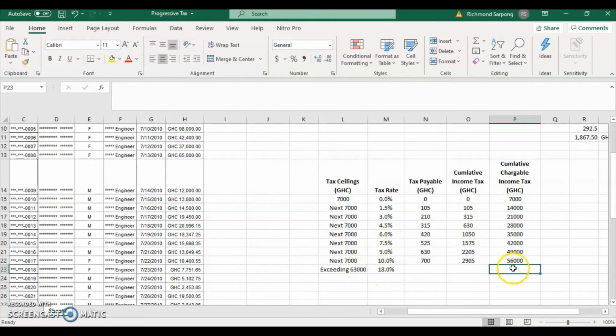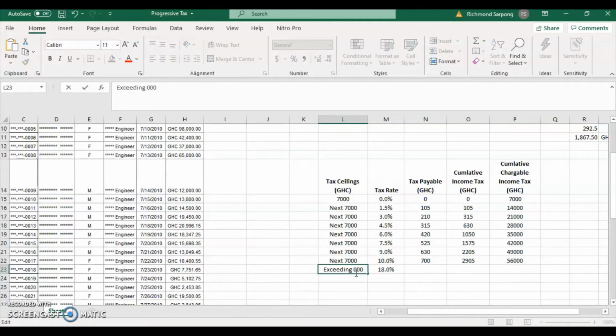Any amount exceeding 56,000, 18% threshold, or 63,000. Let me leave it 63,000. So anything within the 56,000 range will attract.